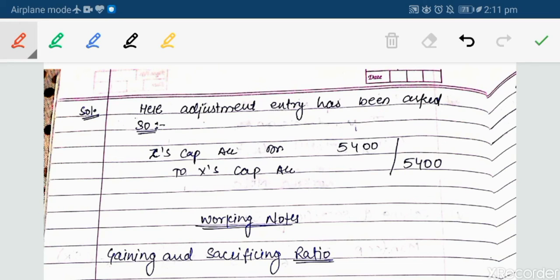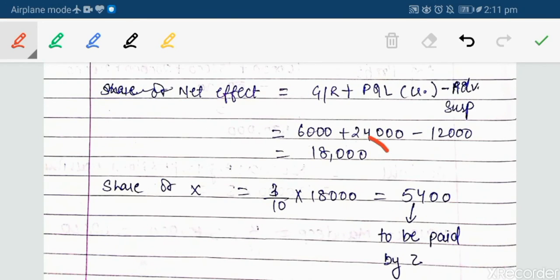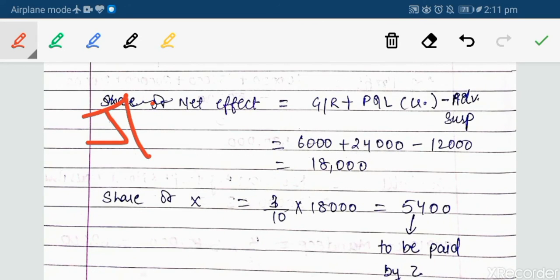Okay, let's think of a situation where this net effect comes out negative. Suppose the advertisement suspense account in this case is 1 lakh rupees, then the net effect will come out as a negative balance. Then what will our journal entry be? In that case the journal entry will be reversed.